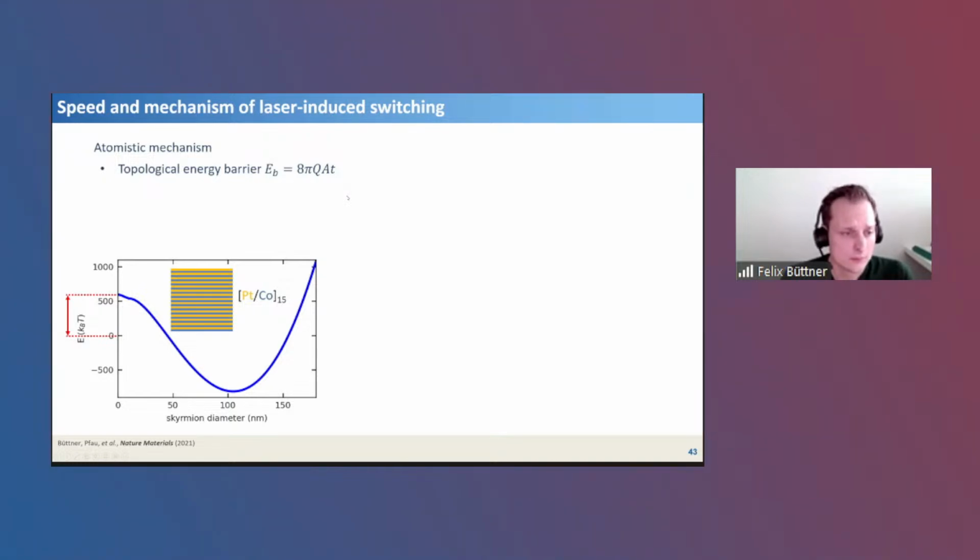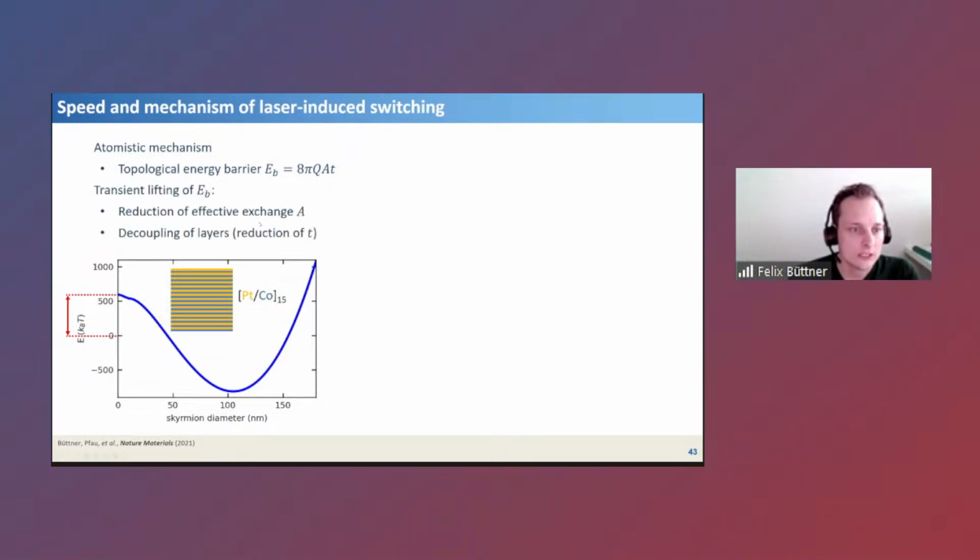The problem here is that this is on the order of several hundred kT at room temperature. So there's no way you overcome this by just random thermal excitation, even if you heat the system with the laser pulse. So the mechanism is different, namely that we reduce the effective exchange coupling by driving the system very close to the Curie temperature.